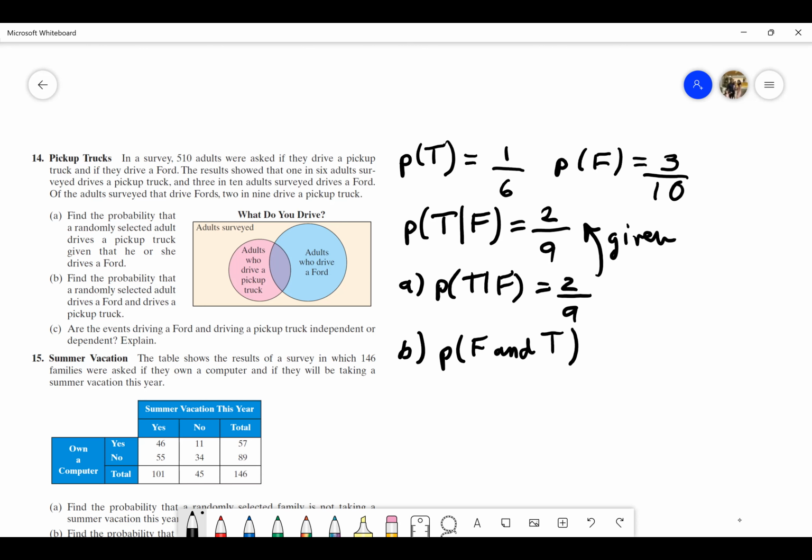I'm going to go ahead and write that rule under it. The multiplication rule is probability of A and B must equal the probability of A times the probability of B given A.